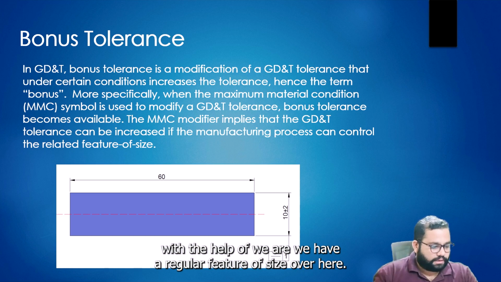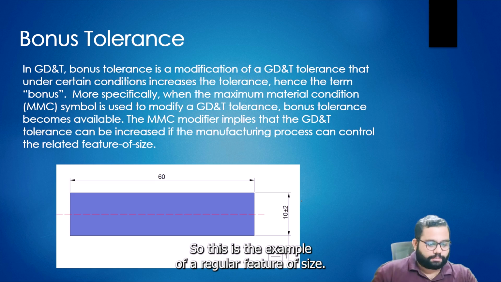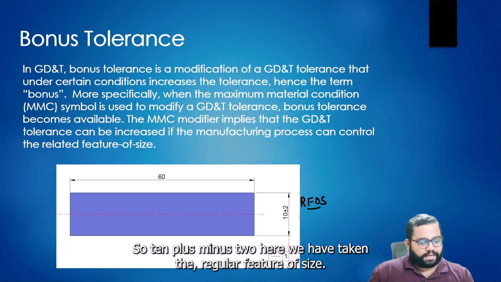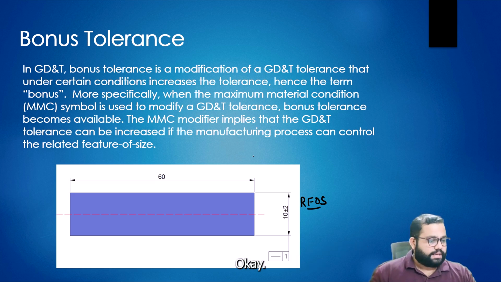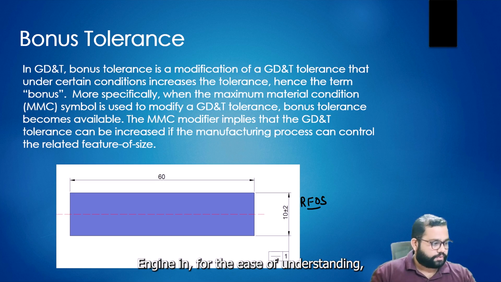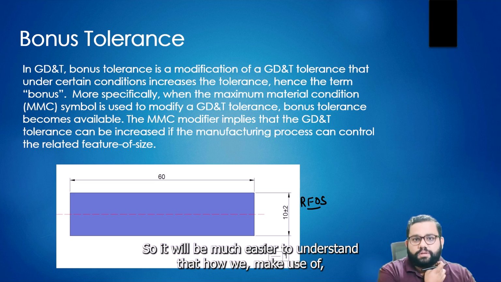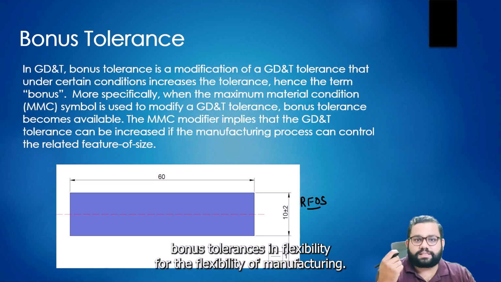We have a regular feature of size over here: 10 plus minus 2. For ease of understanding, I have taken very coarse, very big tolerances, so it will be much easier to understand how we make use of bonus tolerances for the flexibility of manufacturing.